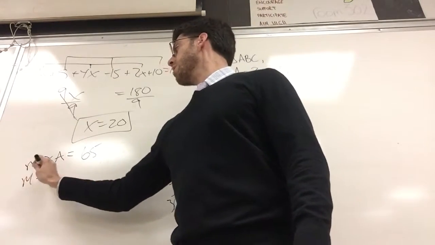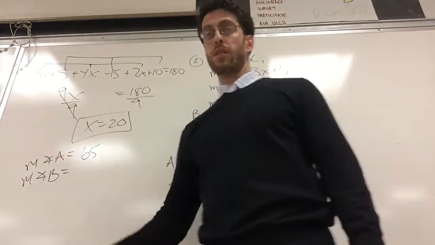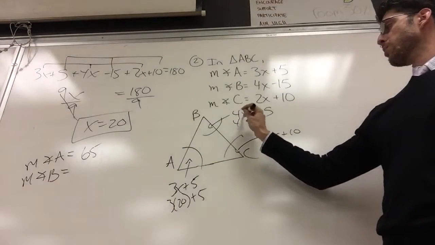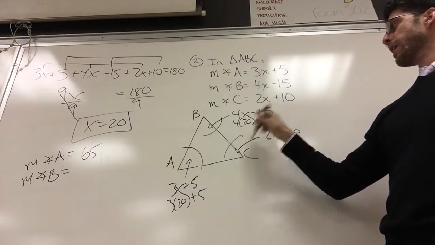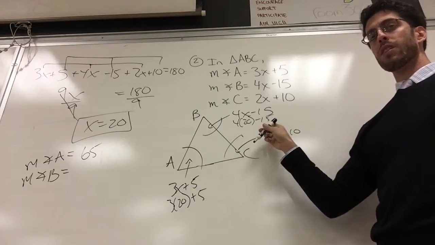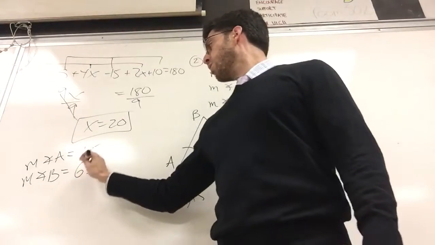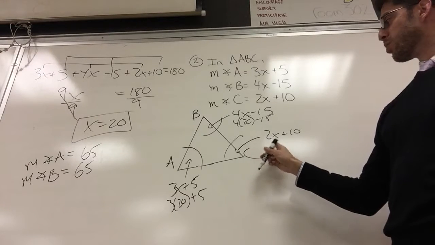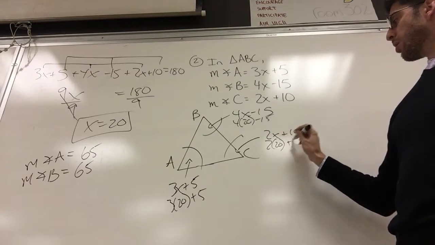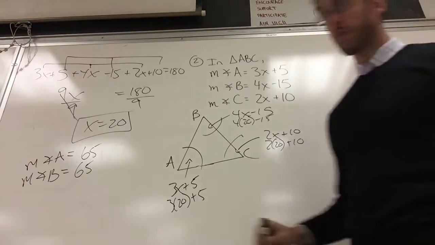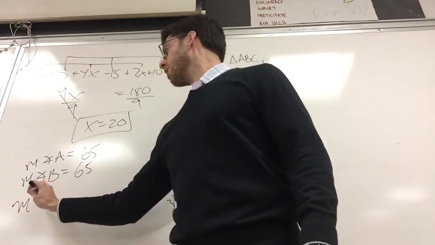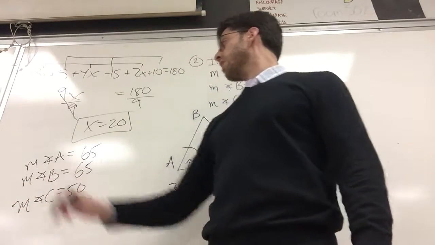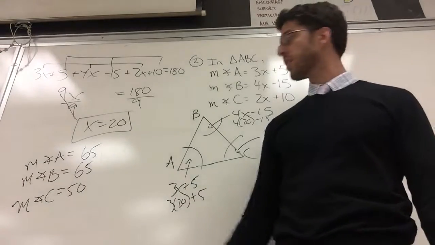The measure of angle B is 4 times 20 minus 15. That's 80 minus 15 is 65. Ooh, very nice, very nice. And 2 times 20 plus 10 is 40, plus 10 is 50. Measure angle C is 50. What type of triangle is it?